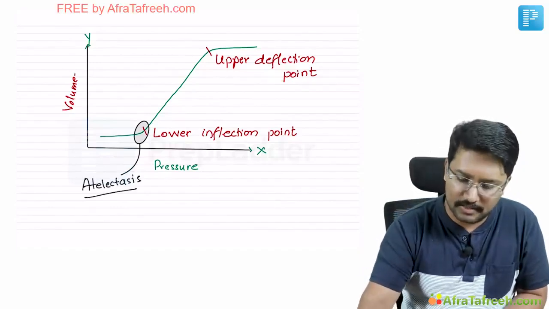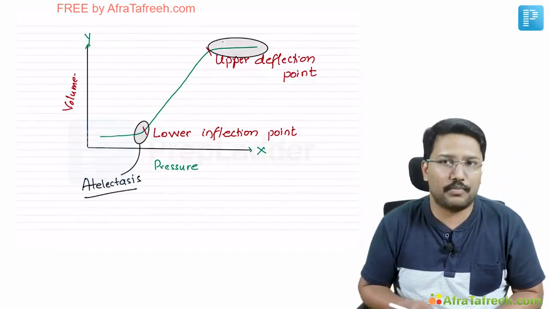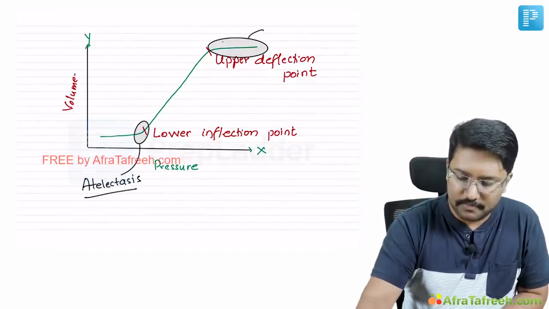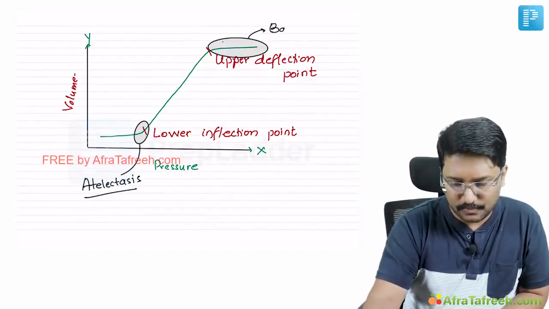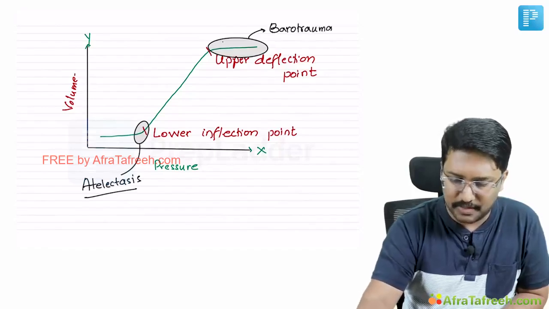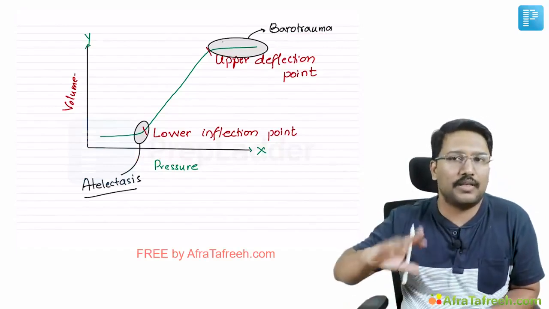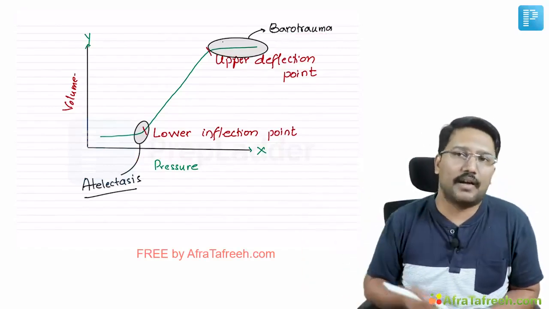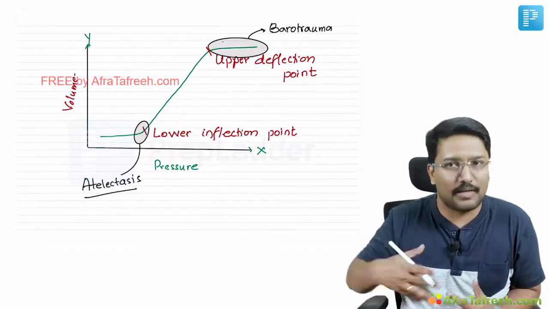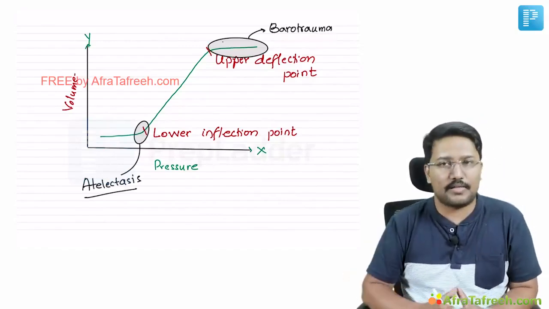And when it is higher than the upper deflection point, what will happen? The risk of barotrauma increases, because every time you inflate the lung with 1 ml of air after this point, you see not a proportionate but a significantly higher rise in the pressure, right? Lungs are not able to accommodate more air and they are building up more pressure as a result. So barotrauma risk increases.